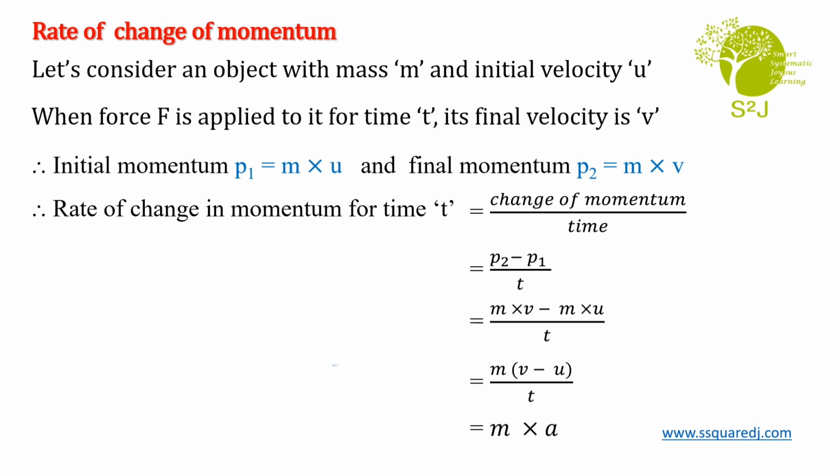So we are going to substitute a in place of v minus u upon t. a is for acceleration, change of velocity with respect to time. So now what we are getting is rate of change in momentum for time t is m into a.